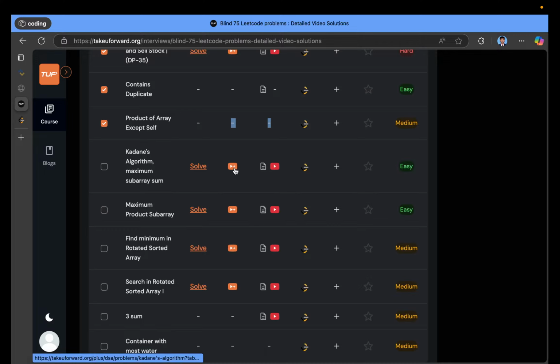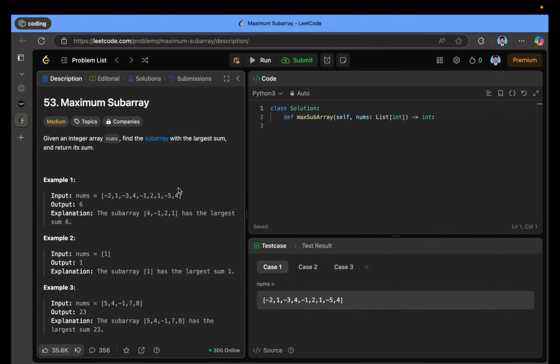Okay, let's try this first. Given an integer array nums, find the subarray with the largest sum and return its sum.